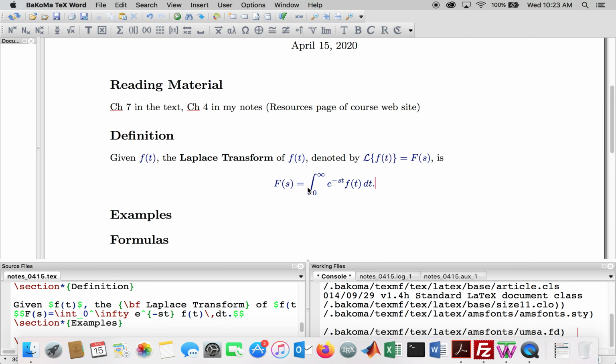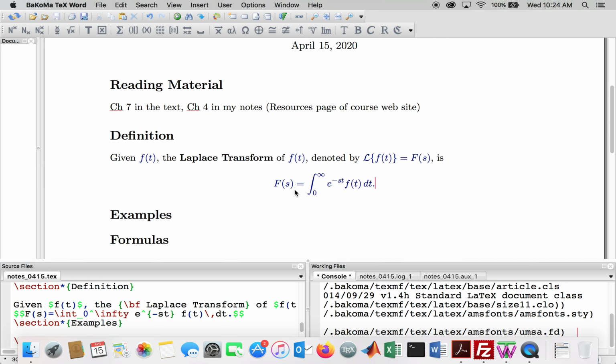So the idea is you evaluate this integral with respect to t, but you have this parameter s. So as far as evaluating the integral is concerned, s is treated as a constant, but the result that you get will depend on s. It'll be a function of s. So for whatever function you want to take a Laplace transform of, you can plug it in here, work out this integral, get your result in terms of s.